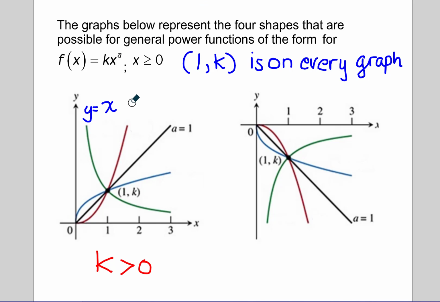And my graph was x to the -1 power. Go back to my pen here. If my graph was x to the -1 power, the graph would have a branch like this, so 1 over x. In the red graph, if the power was x to the 1.5 power, the behavior would look like this.